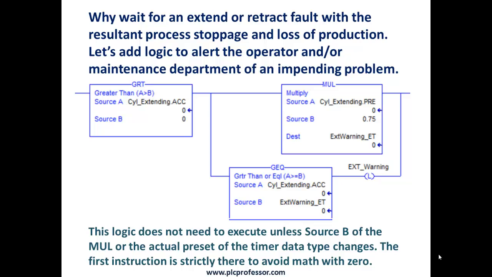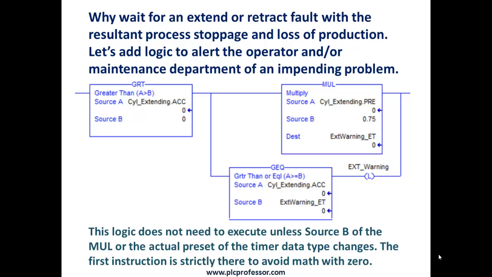So this multiply instruction is seldom ever going to change unless you go in and change source B to give it a different percentage, or you change the preset on the timer. So the extend warning elapsed time will be 75% of whatever the preset is.